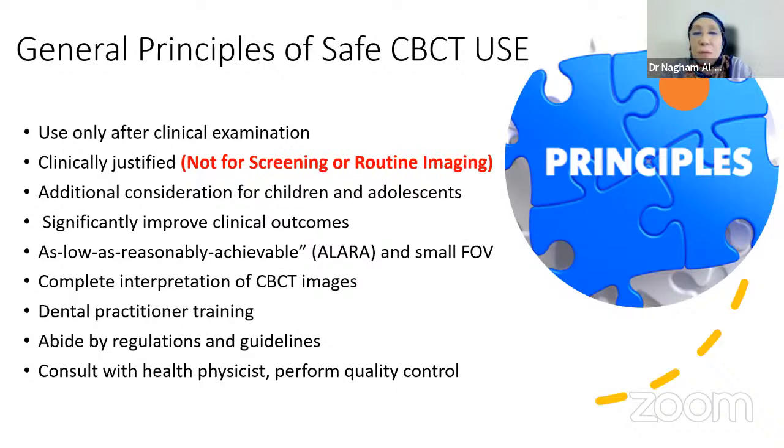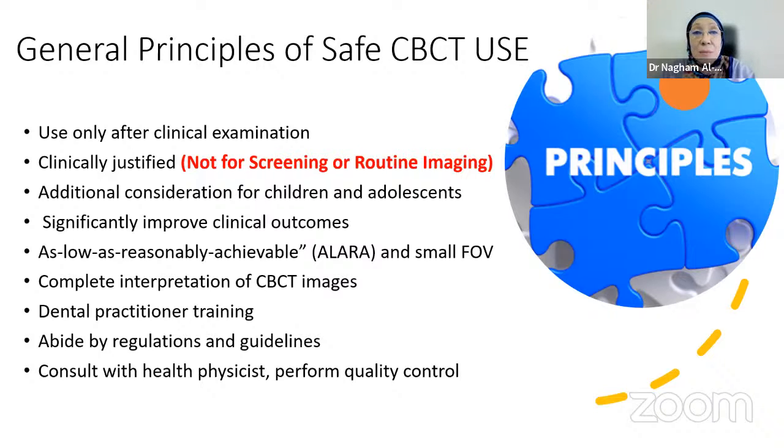Clinical examination should always come first. Never send the patient for radiological examination without first doing the clinical examination. This is a common general principle in all guidelines. Examine clinically first and then decide whether you need further investigation or not.